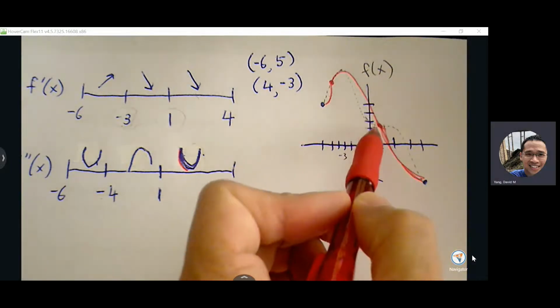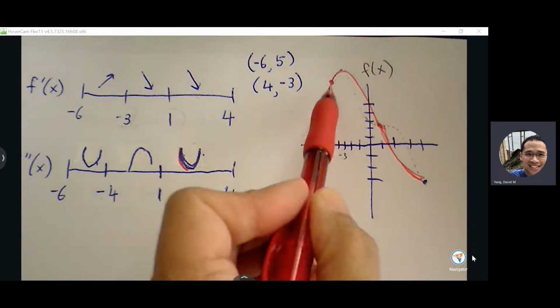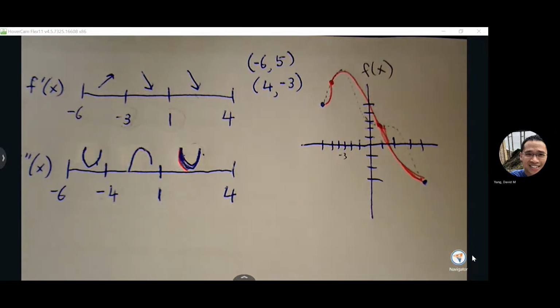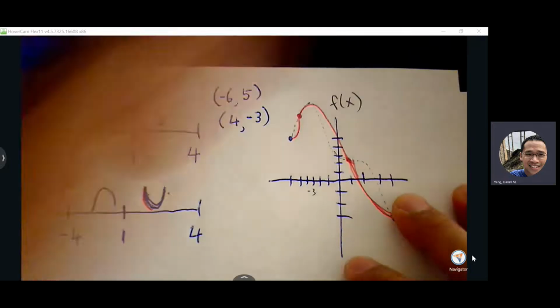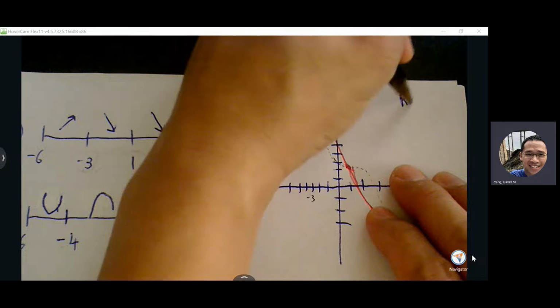Now, I'm just over-exaggerating the curves so that we can see it. So concave up, concave down, concave up. Now, let's say on my test I also gave some information.